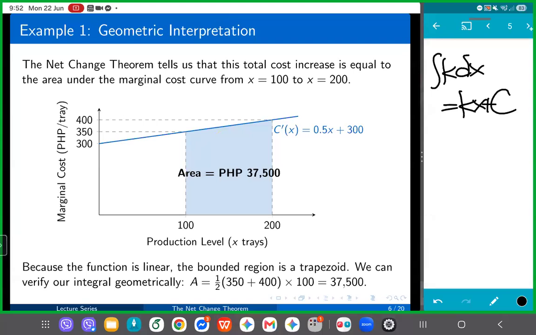The derivative is the graph, the curve or the line. So if I know how fast the cost is changing using this graph and I want to get the total change in the cost, I just have to look below. I just calculate the area here. That's all you have to know regarding the geometric interpretation because you won't really be asked to graph.